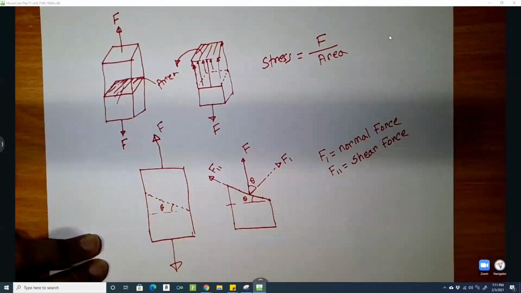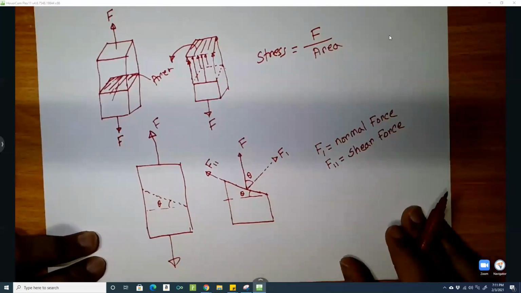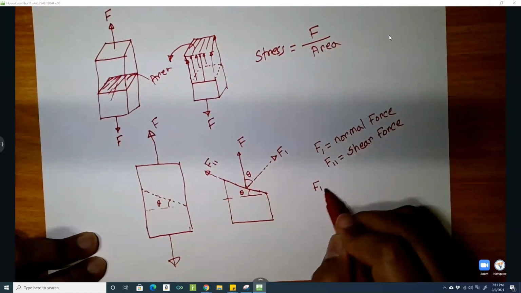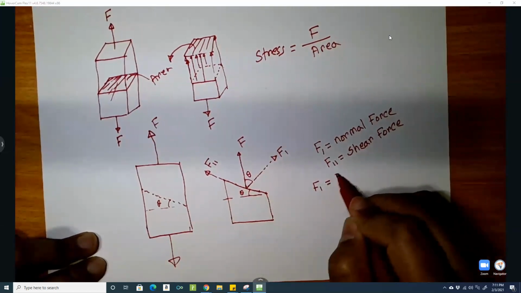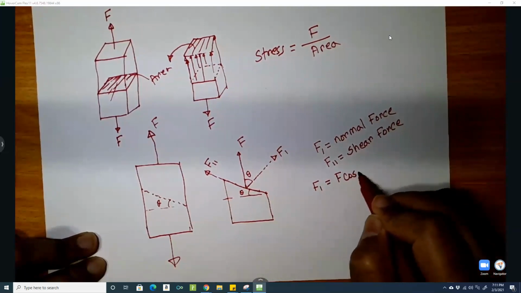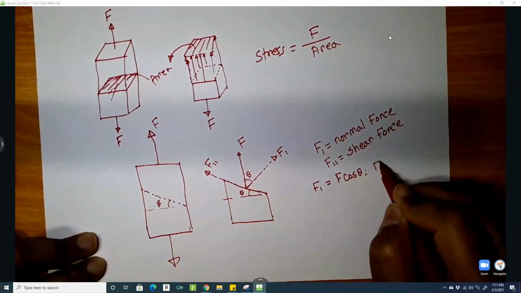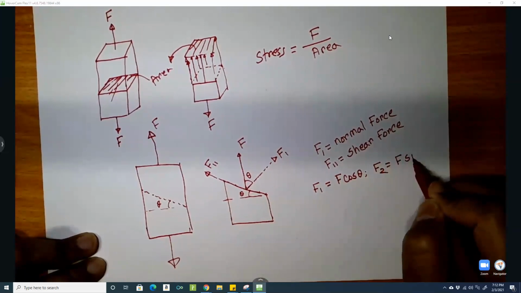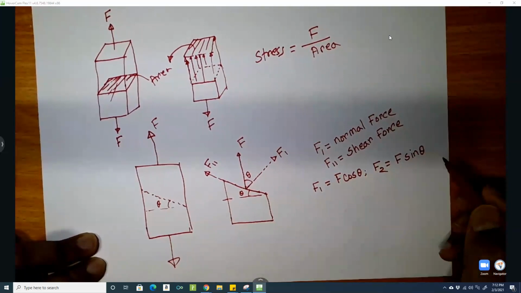Now, F1 we can say is F cosine theta and F2 is F sine theta.